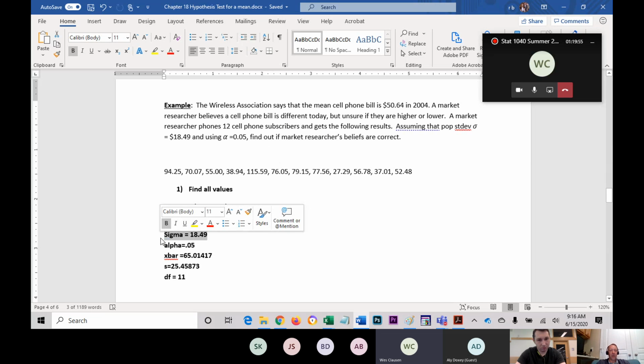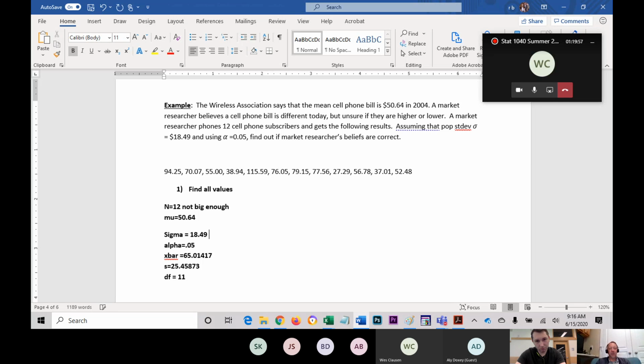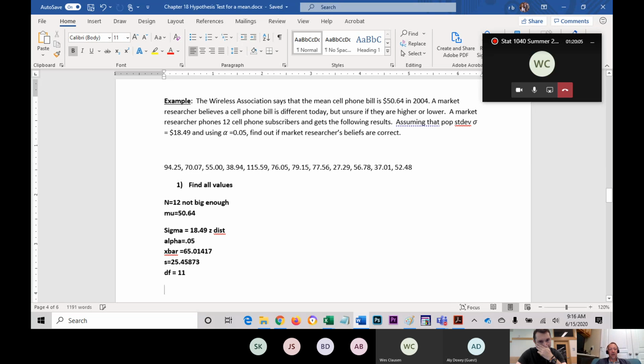That's exactly right. So because of that, it's going to be a z distribution. We could know that now, but we'll get to it in step 3 anyway. All right. Step number 2. So I don't really need the degrees of freedom because I'm using a z. All right, step number 2.